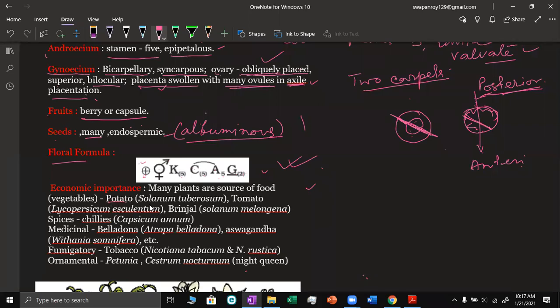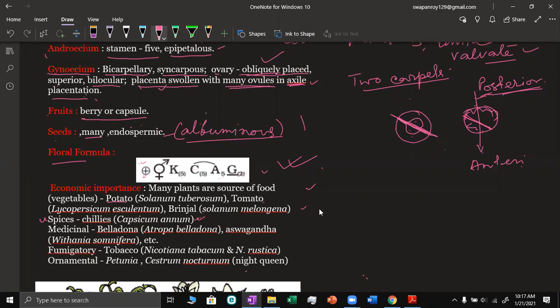Potato, Solanum tuberosum; tomato, Lycopersicon esculentum; brinjal, Solanum melongena. And chili, which is also one of the important parts of our food and cooking, is from the Solanaceae.